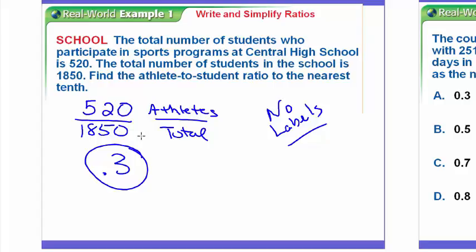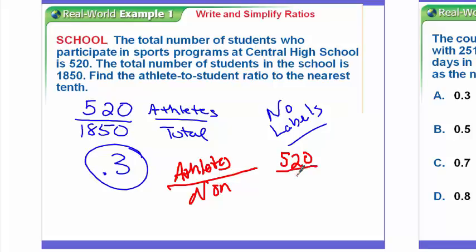Okay, I want to warn you to be careful. Sometimes they can ask you questions like, what is the ratio of athletes to non-athletes? Okay, if that's the case, well, I know I have 520 athletes in the school, but I need to take 1850.